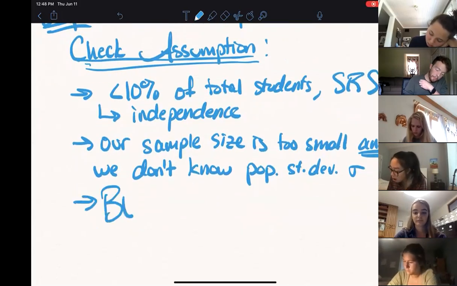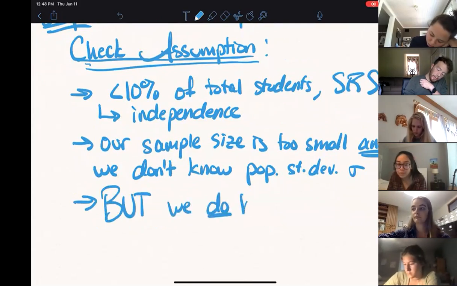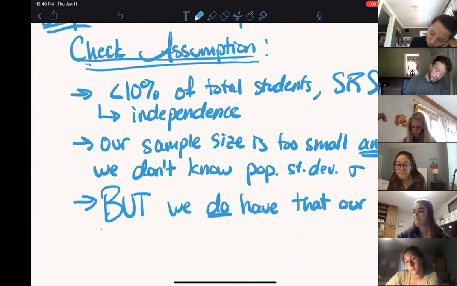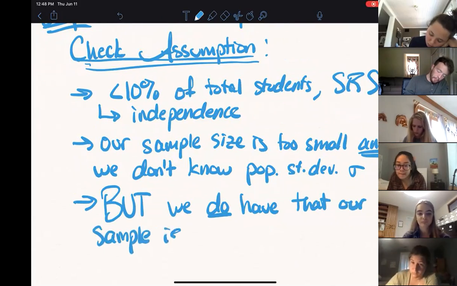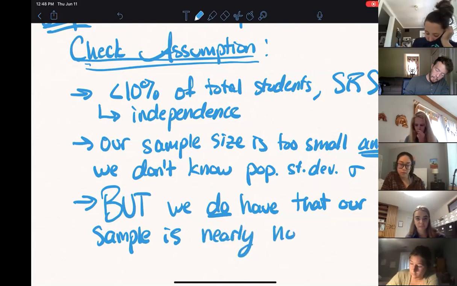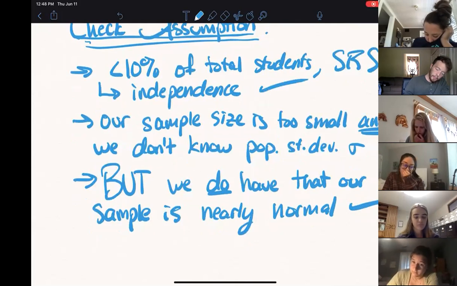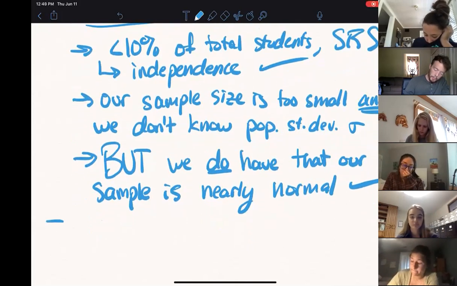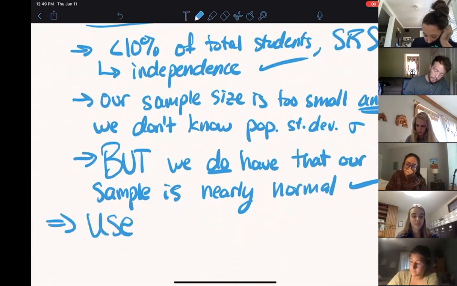But we do have that our sample is nearly normal. Okay, so when this happens, we use the t-distribution.